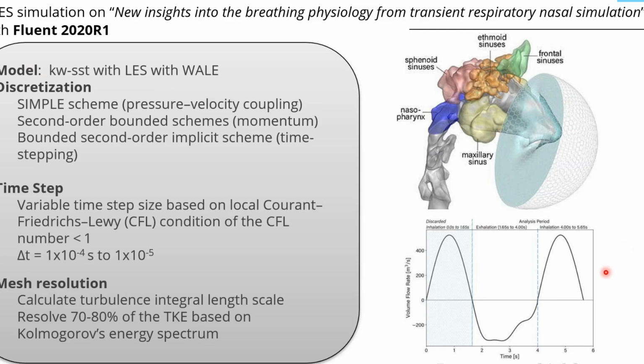The main thing here is to look at resolving the entire flow physics over the exhalation and inhalation phases. So here we can see that the whole simulation will go to nearly 6 seconds, and we typically discard the first inhalation phase because of startup effects, where the initial startup has a 0 state, and so yeah, we discard that section.